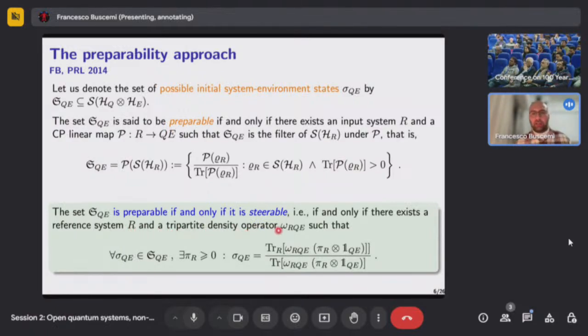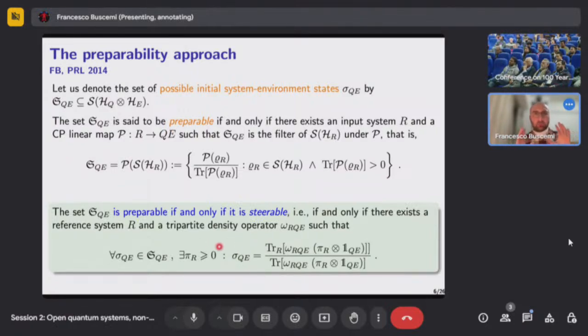And a tripartite density operator shared between reference, system, and environment, such that any state in this set can actually be steered. You see that here I perform a local measurement on R. This is a local effect acting on the reference. And then just by discarding R, this effect is steering the state on the system and the environment. The condition of being preparable is equivalent to the condition of being steerable.